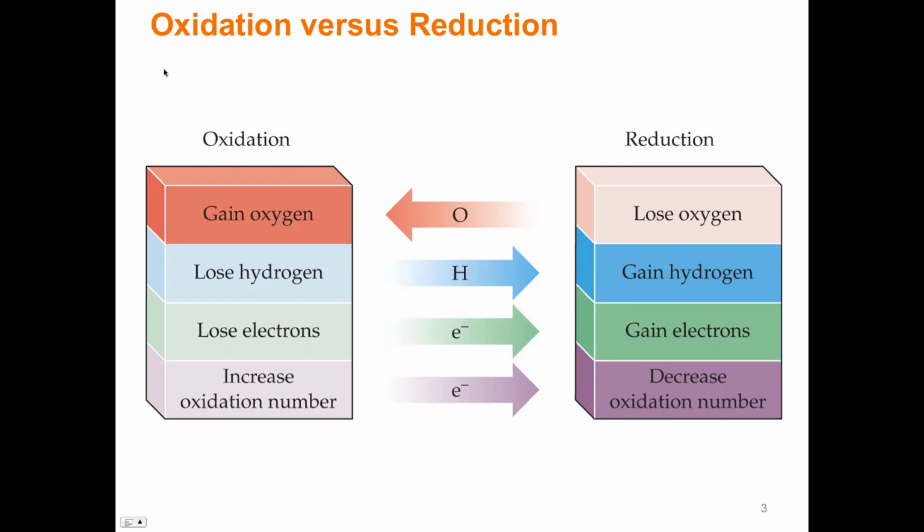So when you're looking at oxidation, since oxygen is right in the name, pretty much if you're gaining oxygen in your chemical reaction, then that's an oxidation, right? That's pretty intuitive. So if oxygen is going to the thing that you're looking at, it's been oxidized.